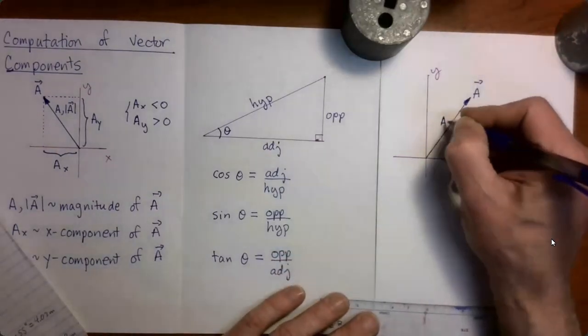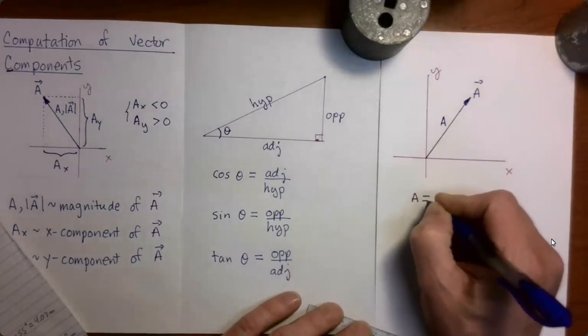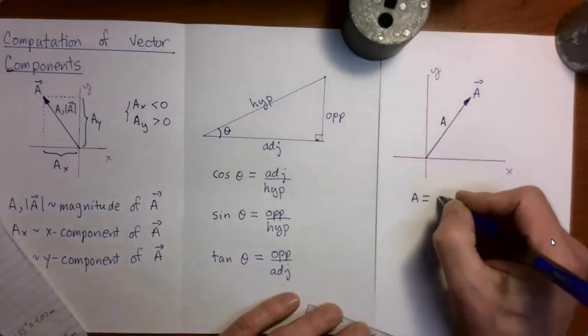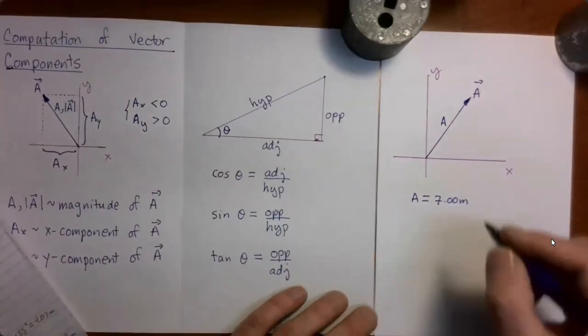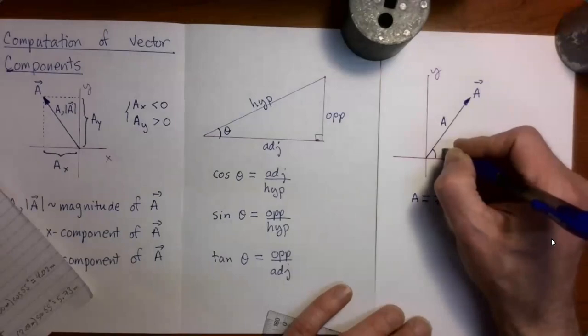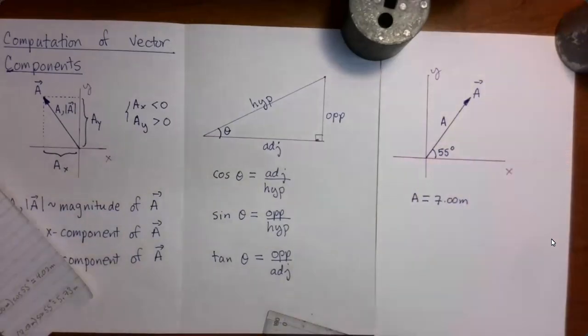We're going to say that the magnitude of vector A, denoted just by the letter A by itself, is 7 meters. We're going to say that vector A makes a 55-degree angle with the plus x direction.